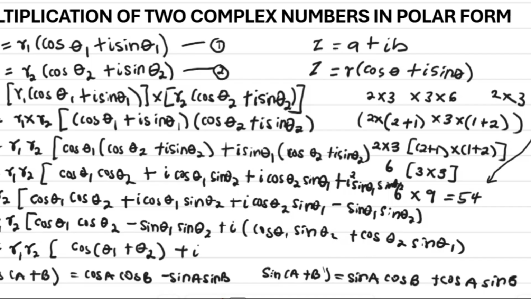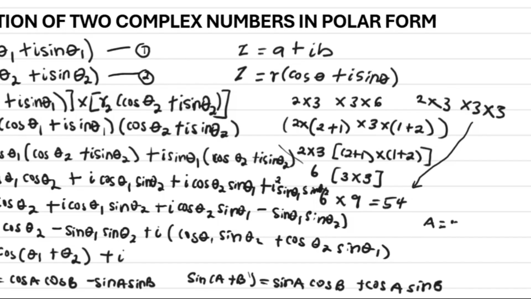Again, sine A plus B is sine A cos B plus cos A sine B. Now we are taking this A. Let me write this out here. We are taking our A to be theta 1, and we are taking our B to be what? Theta 2. So if our A is theta 1, it means that this sine A will be what?